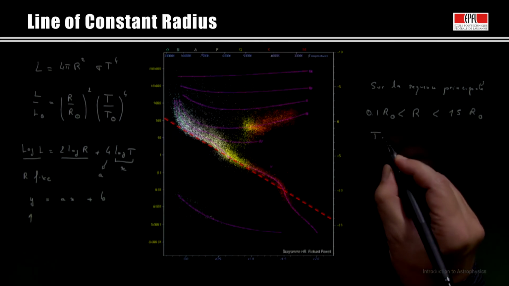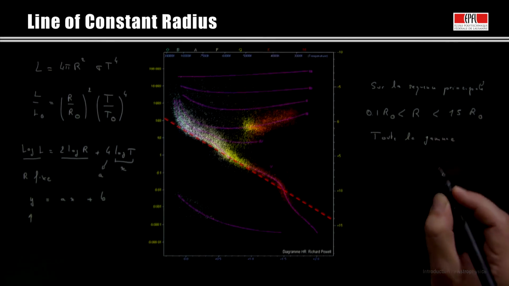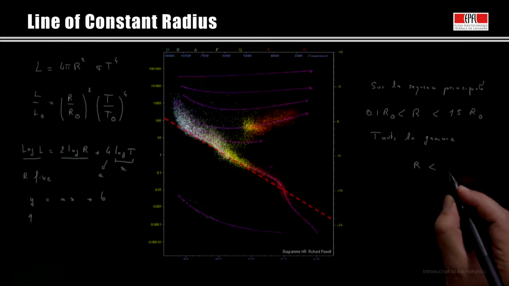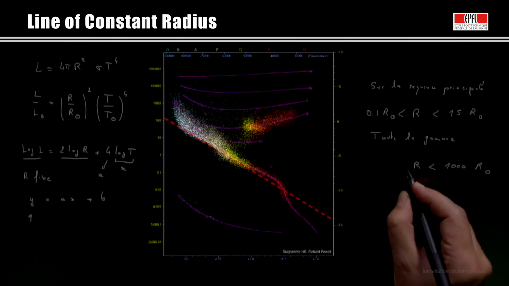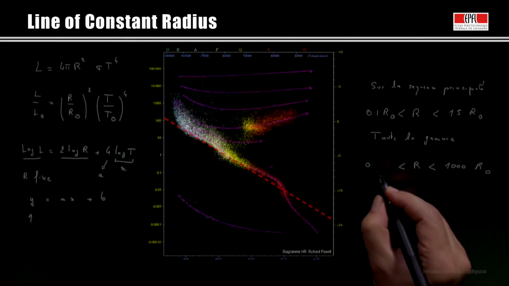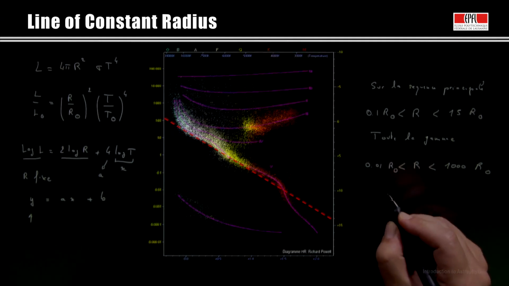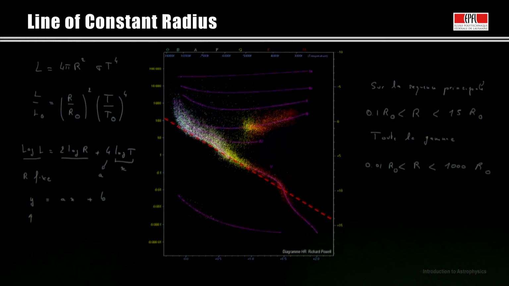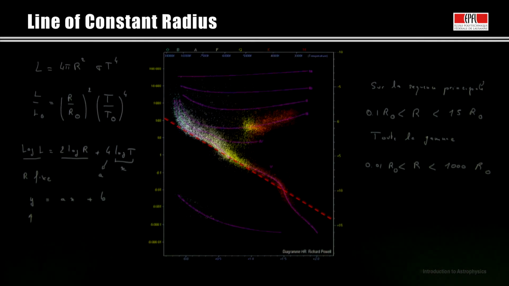If we consider the whole range of radii for all stars, then the range is obviously much wider, and we can reach up to 1,000 solar radii for hypergiant stars. On the other hand, dwarf stars can have 1/100th of the solar radius. The range of radii, therefore, spans 5 orders of magnitude, from one extreme radius to the other extreme.